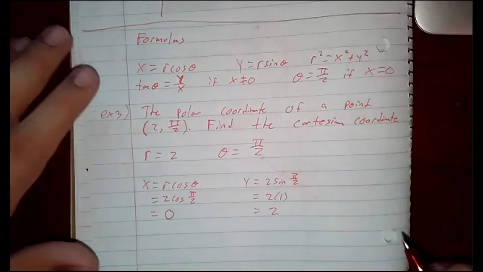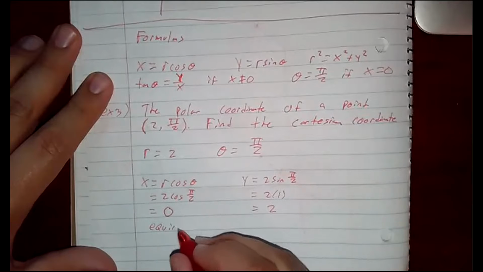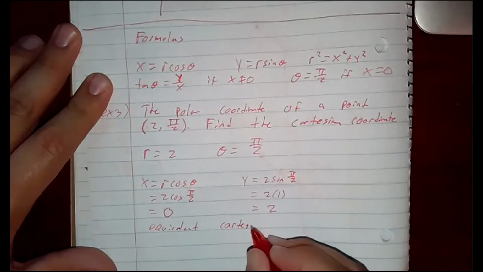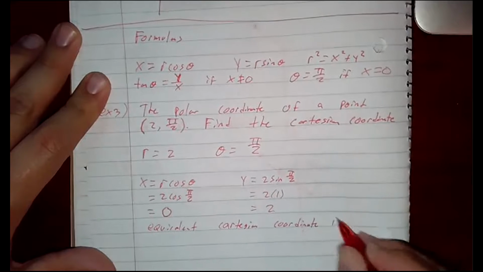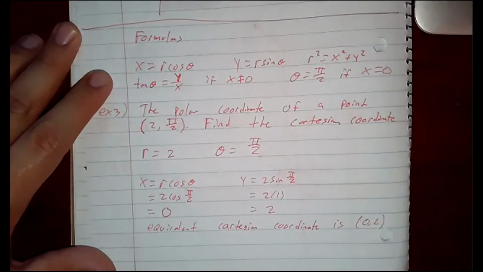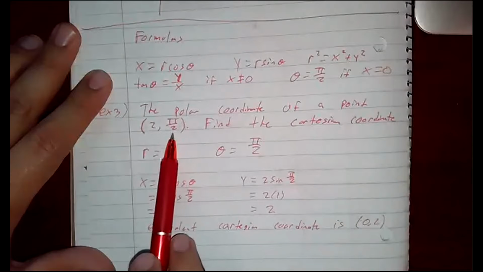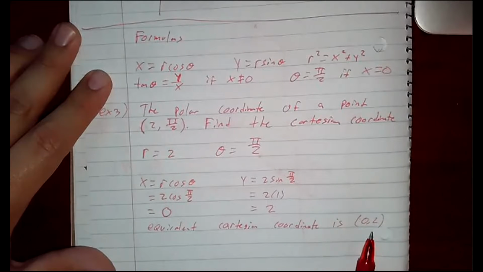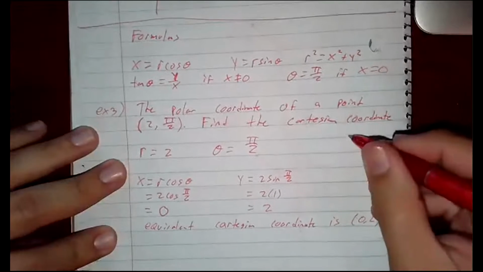Okay, so the equivalent Cartesian coordinate is 0, 2. Now, if you graph this guy, you're going to be on the y-axis, right? And then you go out 2, which is the same as saying 0, 2. So see how you didn't really need it for this example, but I wanted you to see why they're the same.